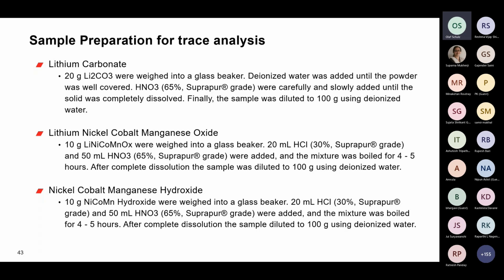The stock solution for the lithium carbonate was obtained by mixing 20 grams of sample with deionized water and then slowly adding nitric acid until the solid was completely dissolved. The solution was then boiled for 1 hour to remove dissolved CO2. The stock solution obtained from this digestion was used to prepare a standard addition calibration with a dilution factor of 25.